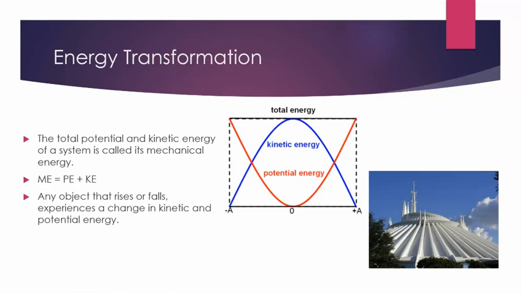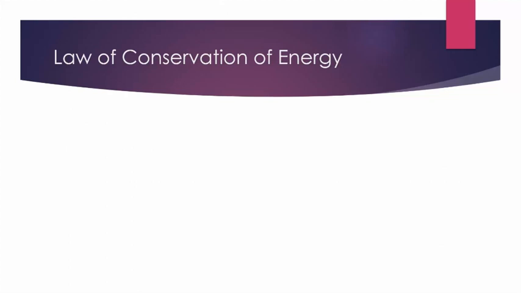If I'm falling, my kinetic energy is increasing because I'm moving, I'm accelerating, there's a velocity going on. So I'm spending my potential energy to become kinetic energy. You kind of create a roller coaster physics idea here, which is why we had a picture of Space Mountain.